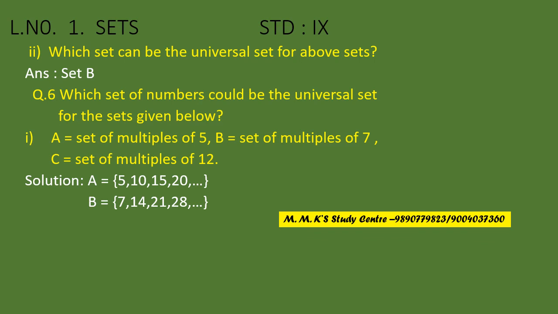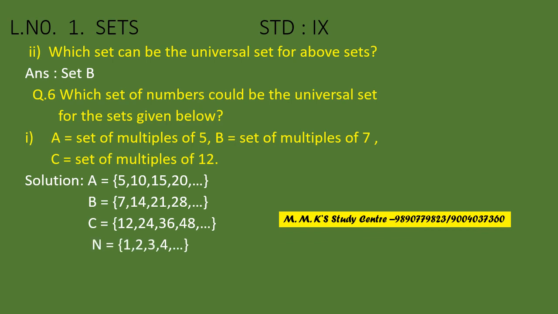So we have to find out the universal set in which all these A, B, C sets should come. We have learned before that natural numbers means all positive numbers. So if we count 1, 2, 3, 4, 5, 6, in that all the A, B, C set elements will come.